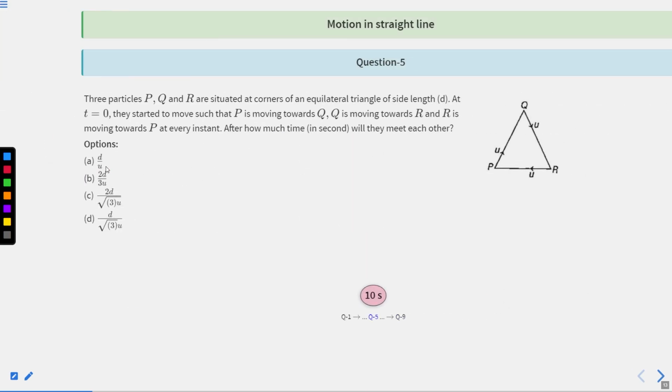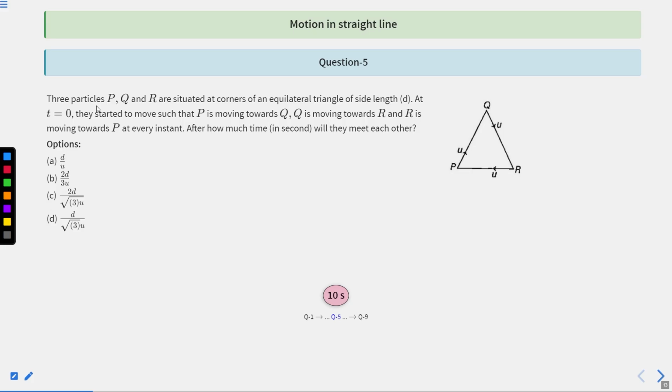Next question. Three particles P, Q and R are situated at the corners of an equilateral triangle.